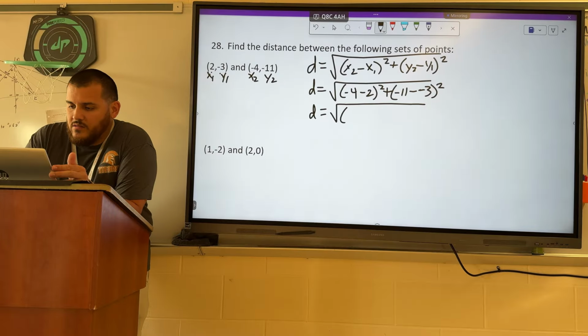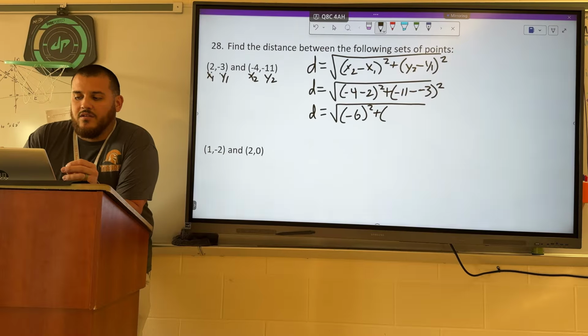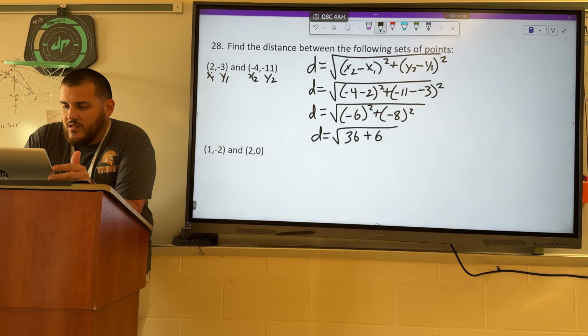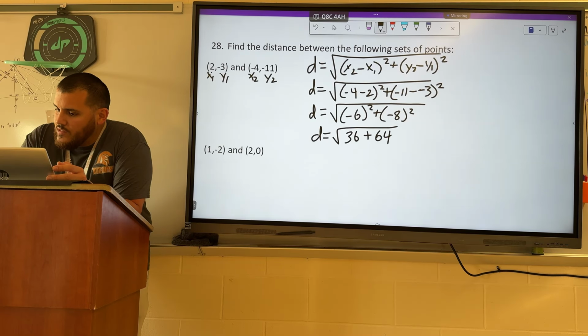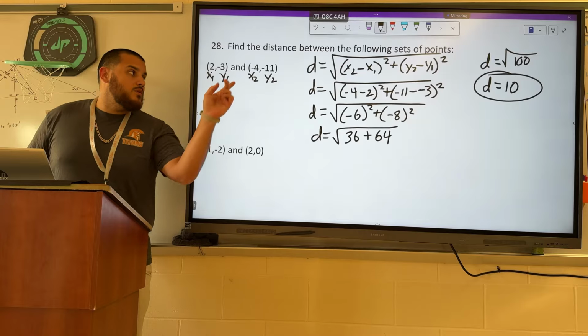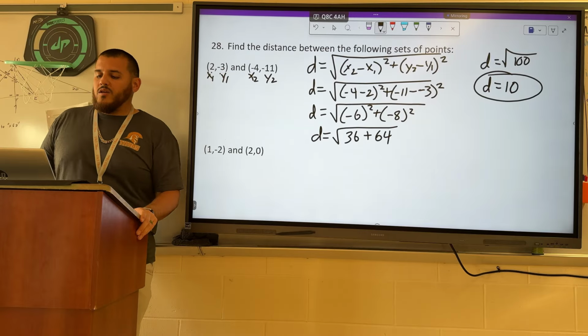So -4 minus 2 is -6. -11 minus -3 is really -11 plus 3, which is -8. Next, we need to square. -6 squared is 36, -8 squared is 64. I'm gonna move over here because I'm running out of room. When we add those together, we get the square root of 100, which happens to be a whole number, which is 10. So the distance between that set of points, 10 units apart.